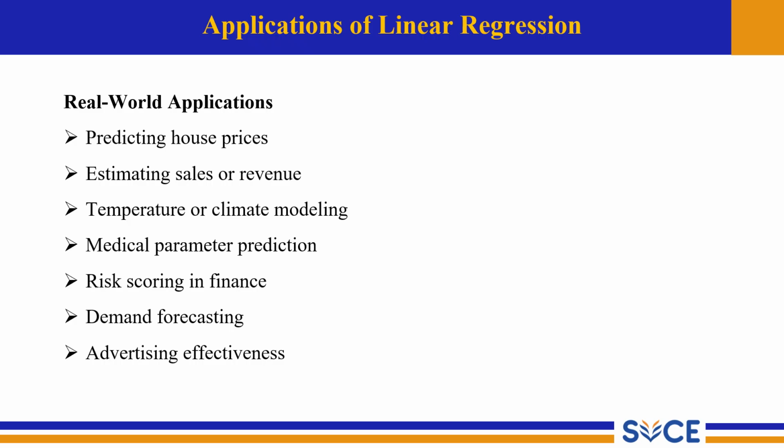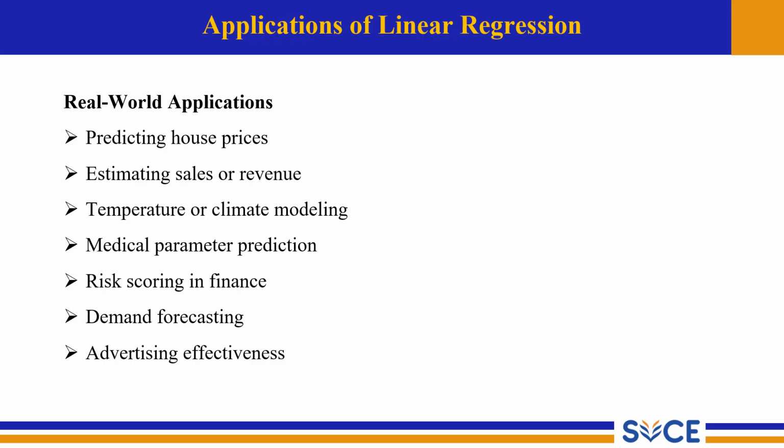Fourth, in healthcare, linear regression can predict medical parameters like blood sugar levels or patient recovery times, aiding in better treatment planning. Fifth, in finance, it is used for risk scoring, credit evaluation, and investment forecasting, helping organizations make informed financial decisions. Sixth, in operations and supply chains, linear regression supports demand forecasting, enabling efficient resource allocation.